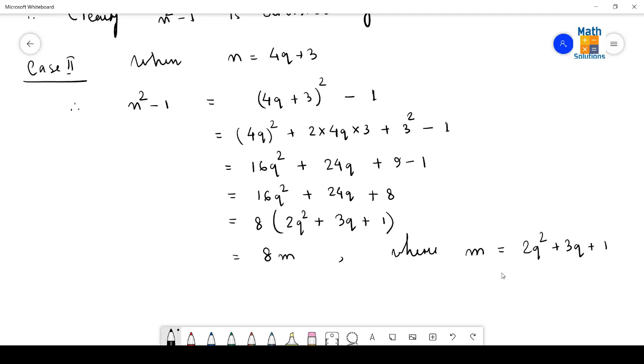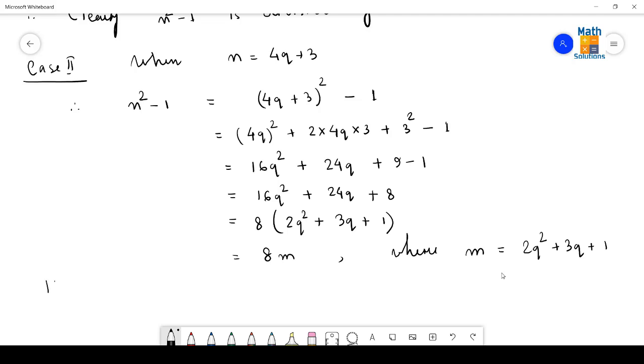So what we wanted to prove, we have already proved, because in case 1 we got that n square minus 1 is divisible by 8, while in case 2 also we got the result 8 into something for n square minus 1, which shows that it is divisible by 8 in case 2 also.